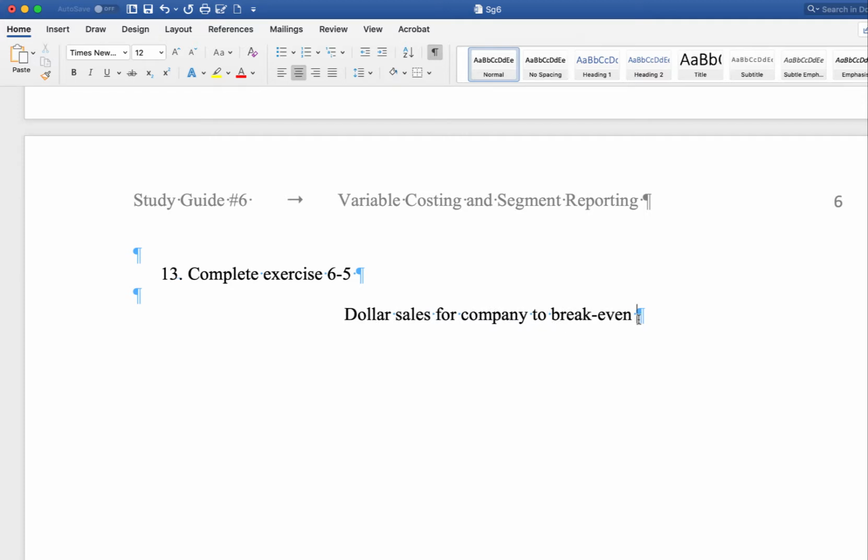Okay, what do? Well, it's pretty simple. We are going to first calculate what our traceable fixed costs are. I want a single underline. There we go. Traceable fixed cost plus we're going to add our common fixed cost and we're going to divide by the overall CM ratio.